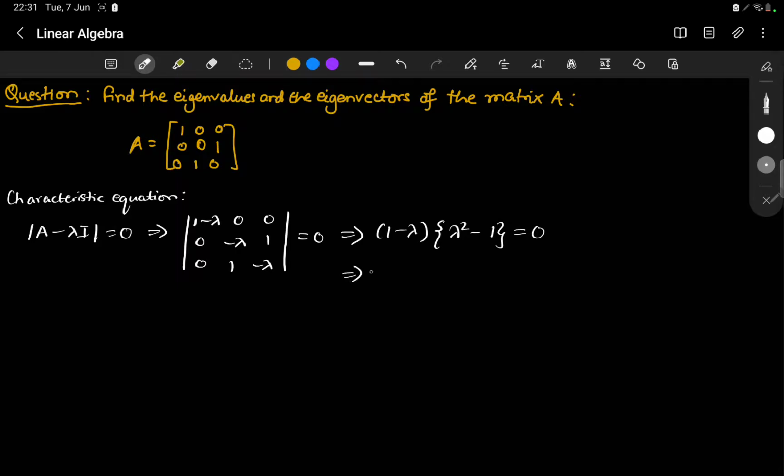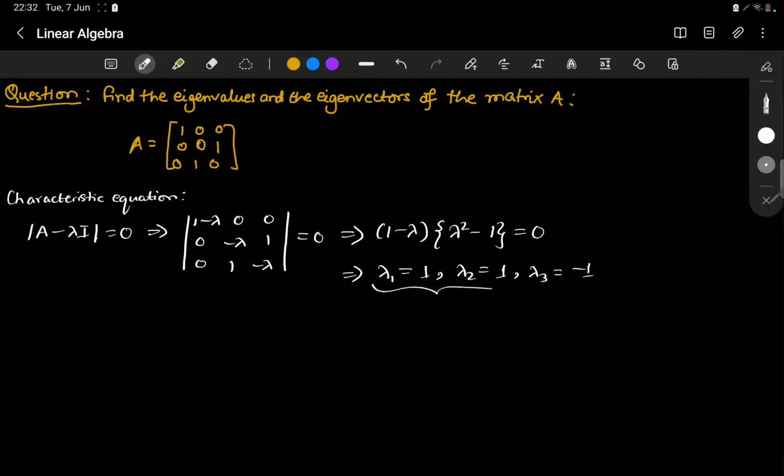So this gives us the solutions as follows: lambda 1 equal to 1, lambda 2 equal to again 1 from this term, and then lambda 3 equal to negative 1. So we have a repeated eigenvalue over here.